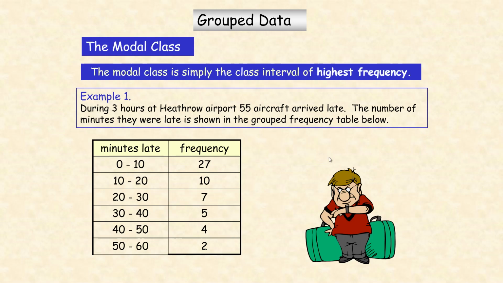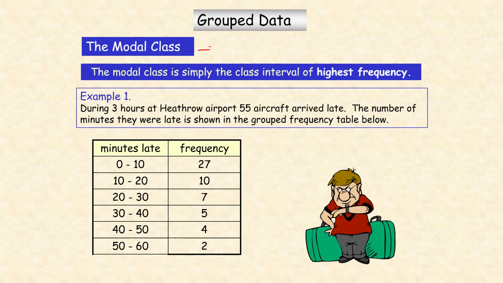So in this example then, we're going to try and find the modal class. Mode means most common. So let's write that in there. Most common. So what's the most common frequency? If we look down this table here, it's 27.